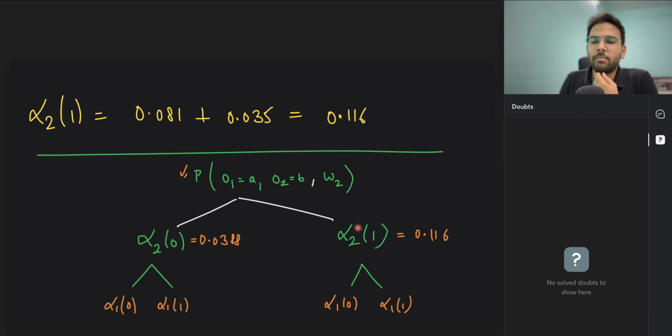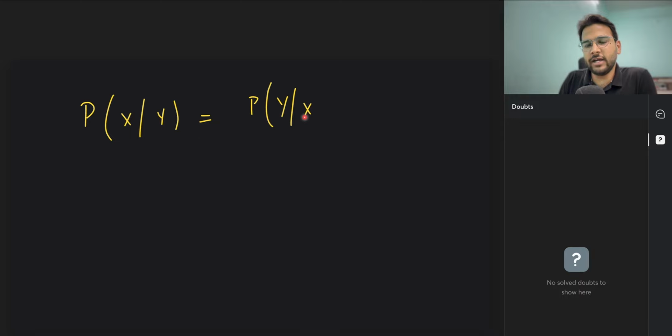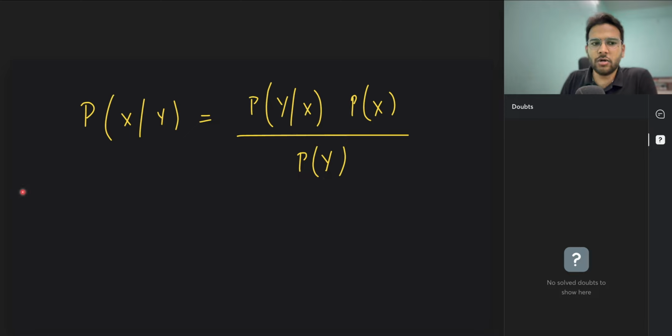We have to normalize this. So if you remember, in the previous lecture also I told you that when you are writing this, carefully see this, probability of x given y, using Bayes theorem, what we write? Probability of y given x into probability of x divided by probability of y. I told you that this is total probability, right?